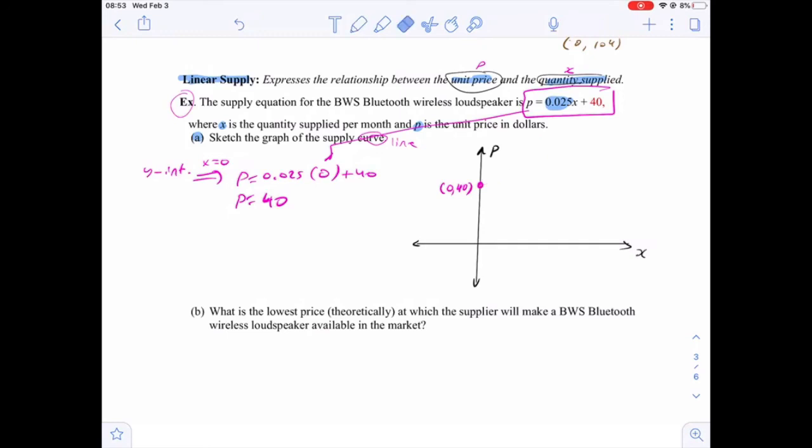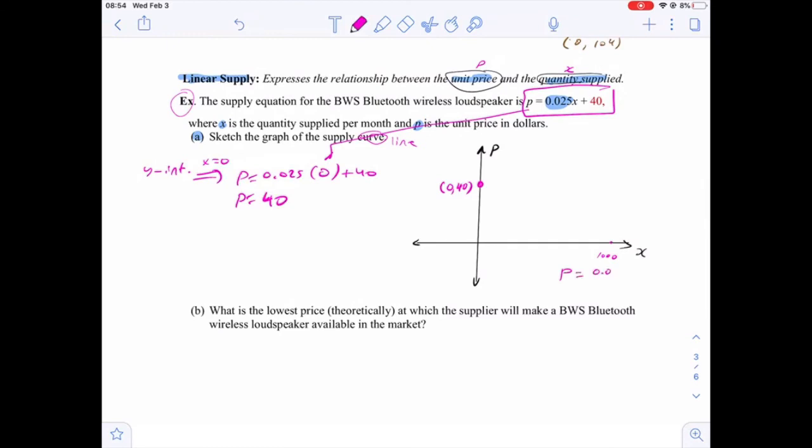If you want to get a better graph, you usually need to find two points. So let's take another point, let's take x equals 1000. Then the corresponding value will be p equals 0.025 times 1000 plus 40, which gives 25 plus 40, which is 65.